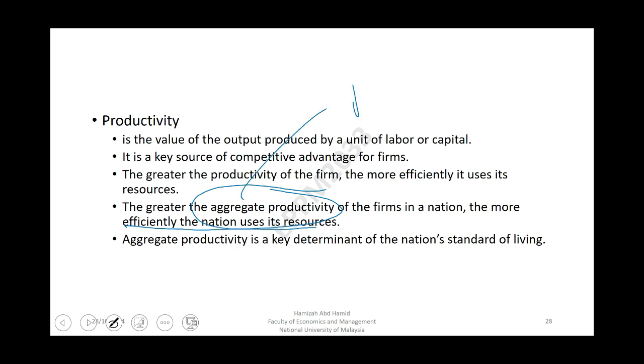Here, a country's planning and agenda is important. And aggregate productivity is a key determinant of the nation's standard of living. This is beyond our lesson today, but a nation that is competitive has citizens with a rising standard of living. So, creating high value workers, creating high value consumers.